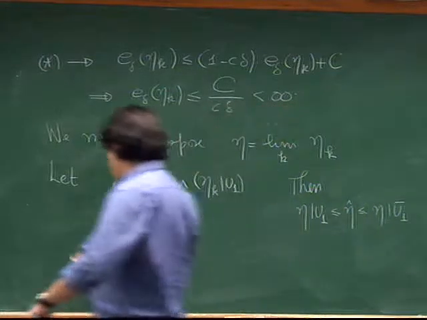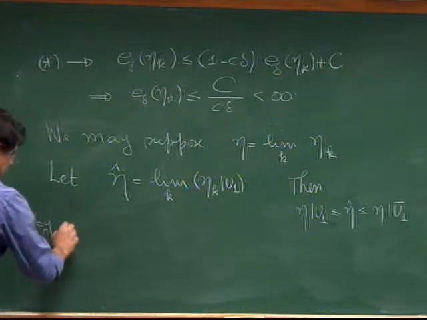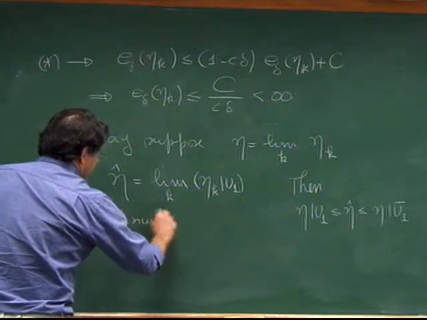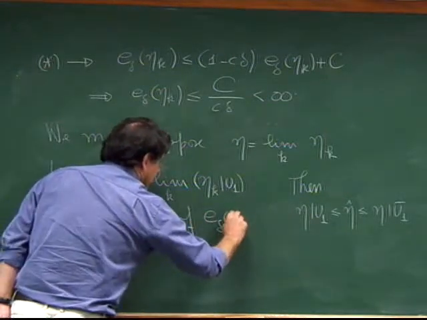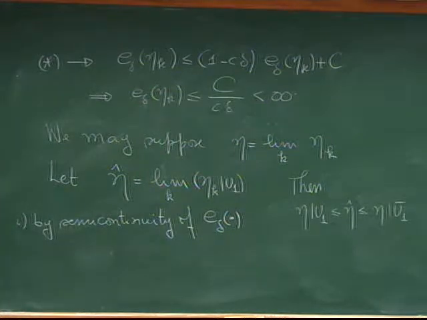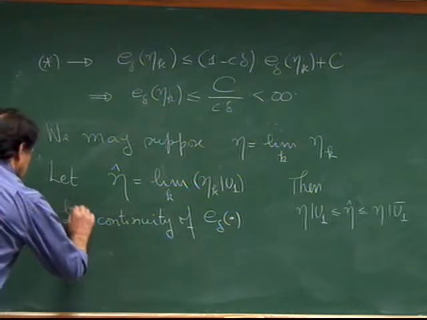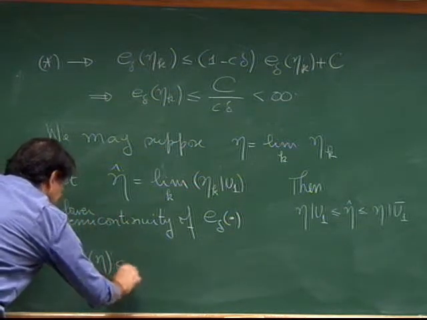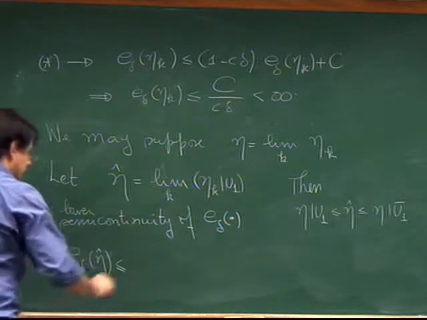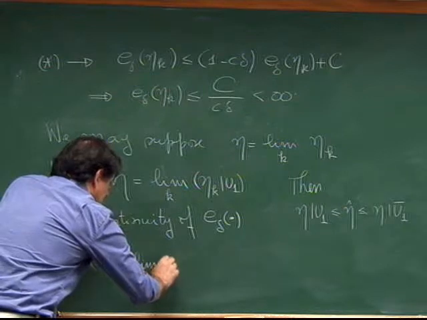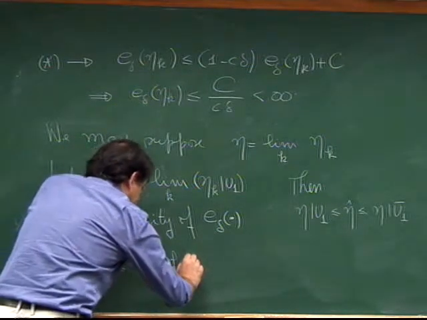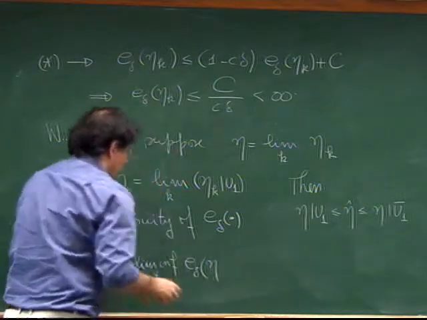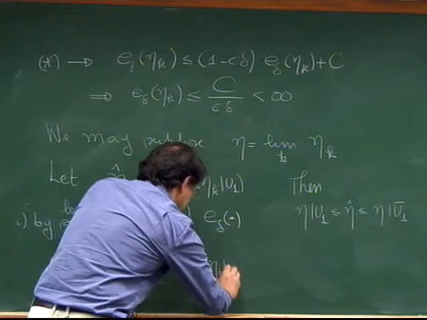So what do we have? First of all, by lower semi-continuity of the energy, we have that the energy of eta hat is less or equal than the lim inf of the energies of eta k restricted to U1.